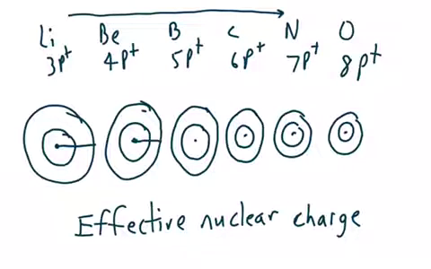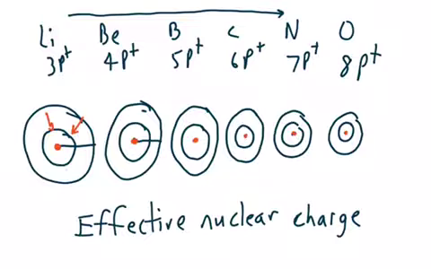Well, if you think about it, the protons are found in the center here, in the nucleus. The more protons that are in the nucleus, the better that they pull. Now remember what they're pulling. Protons attract electrons. They're opposites in charge. So the more protons that are inside the nucleus, the better that they pull the electrons inward.